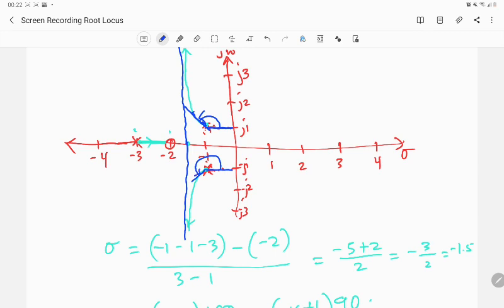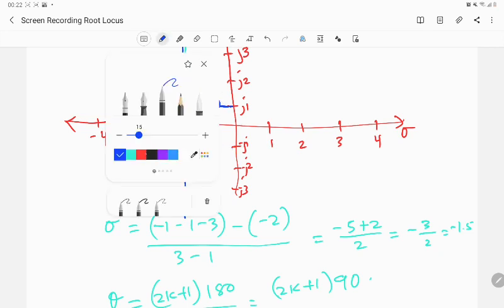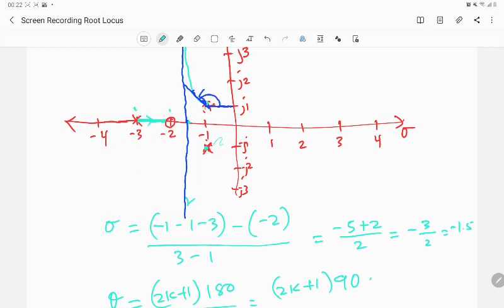It's evident that the sum of these two angles equals 360, right? That's because they are complex conjugates. So let's try to find the angle above, and once we know that, we'll be able to find the other angle.